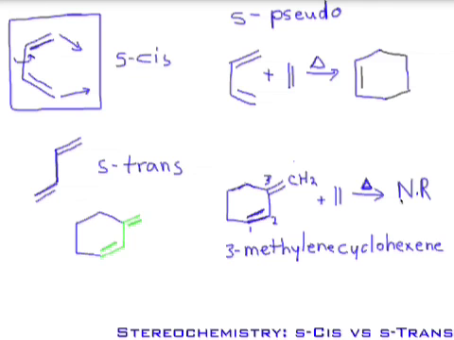So this is proof, if you like, or evidence for the requirement of the pseudo-cis. It's not really proof because it could actually be going by some other conformation. But it certainly shows that pseudo-trans cannot react to produce a Diels Alder product.